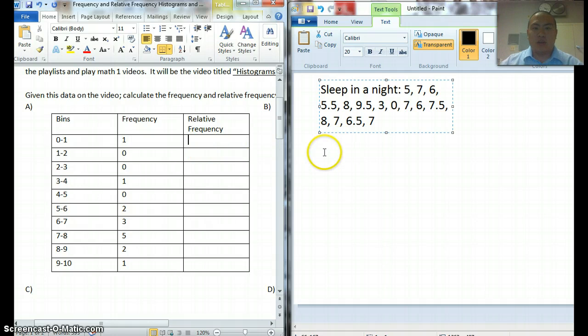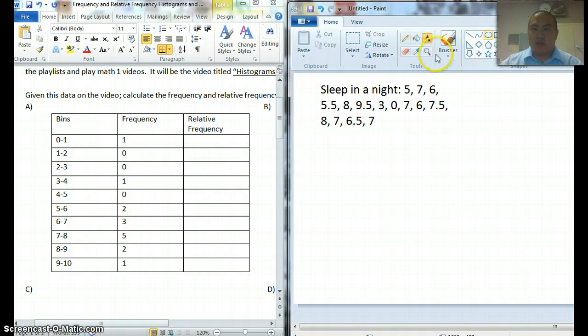To calculate relative frequency, I say frequency divided by total frequency. I can pull up a calculator and calculate all these values. For 0 to 1, I have a frequency of 1 over 15. 15 is my total frequency, the total number of people.